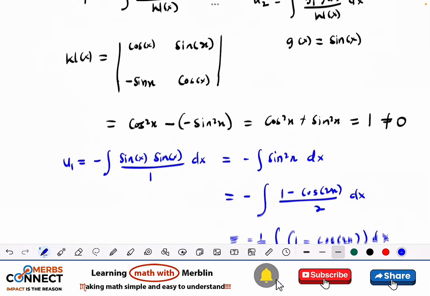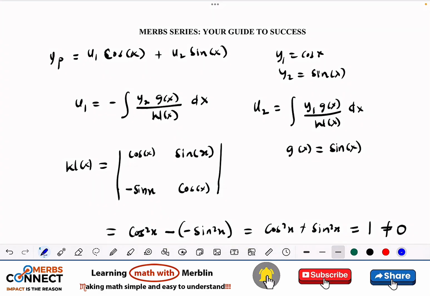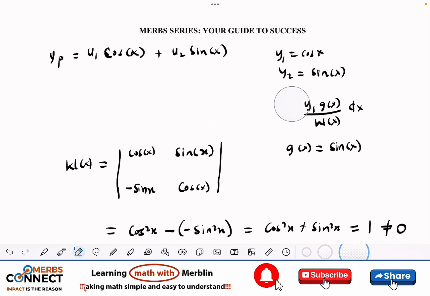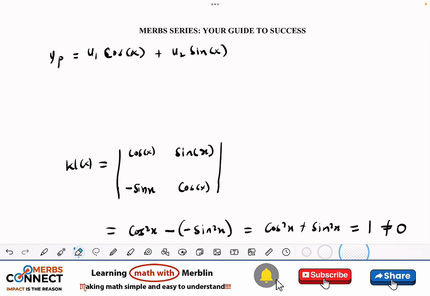Now that I've gotten u2, I'm going to plug it inside the particular solution. So I have u1, u2. Let me clean a solution here and just plug in there. So this is going to give us yp.